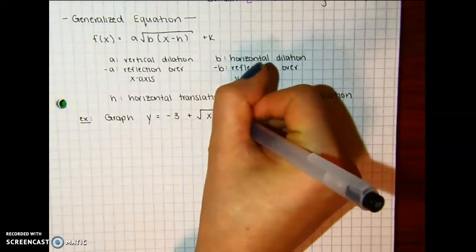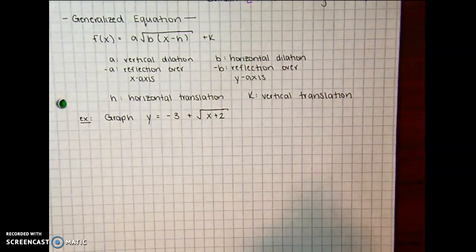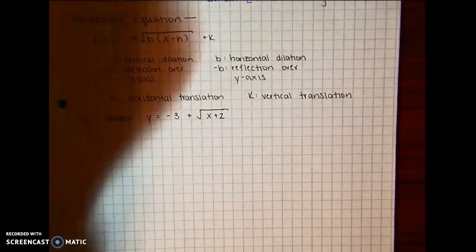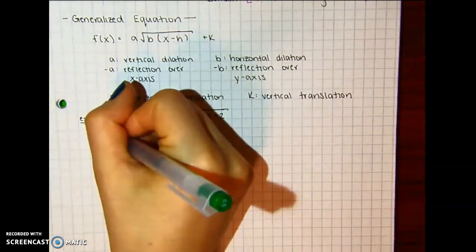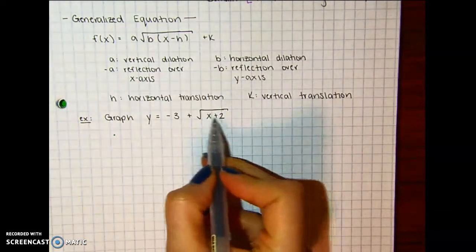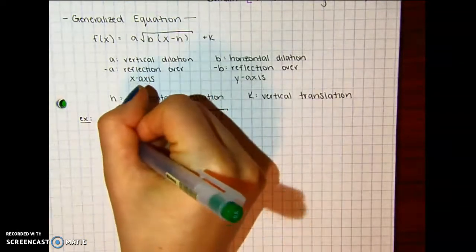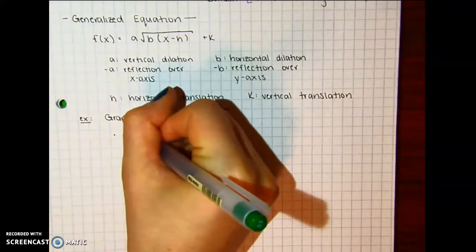We'll keep it simple, just translations for this one. So the first thing that you need to do, and I'm going to require this like I did in the last chapter, is list your transformations. Because we're adding to the inside, that's going to be a translation.